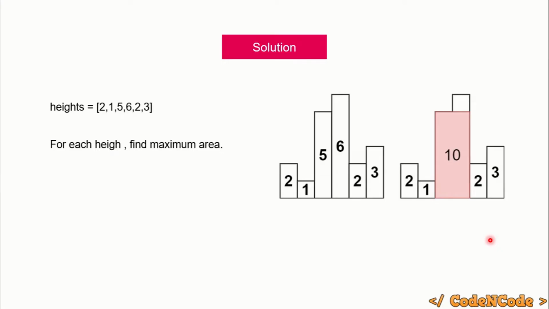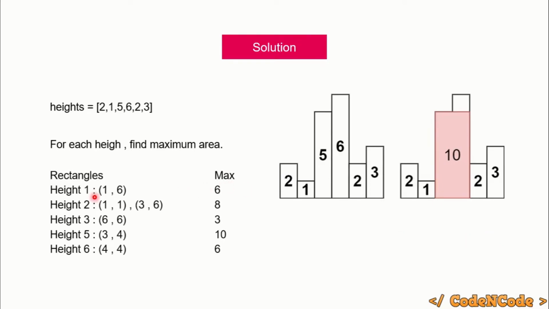So let me explain this with an example. Here you see, we can only form lengths, heights of 1, 2, 3, 5 and 6, right? Because we do not have 4 here. So height 1 can be formed because of this, right? And who can, think about it, who can participate with this? Basically, who can help him create the largest area rectangle of height 1? Who can help? On the left, clearly this can help.